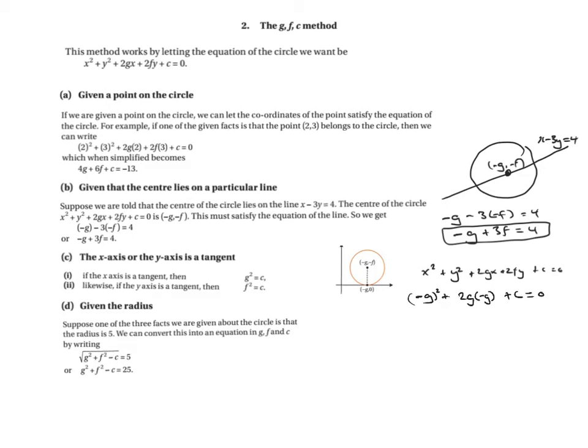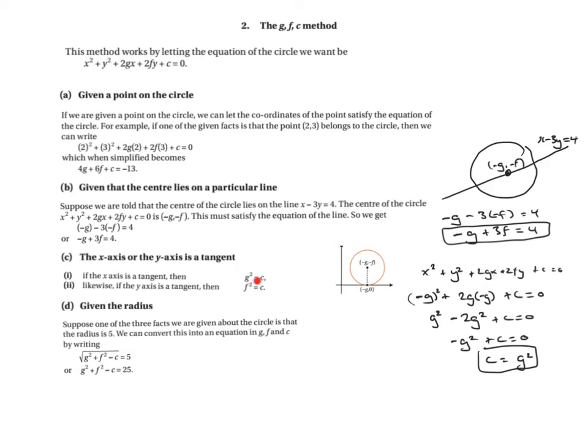Now, minus g all squared is g squared, and 2 by g by minus g is minus 2g squared, plus c is equal to 0. If I tidy that up, I get minus g squared plus c is equal to 0, because g squared take away 2g squared is minus g squared, and I send it across, c is equal to g squared, as is stated here.